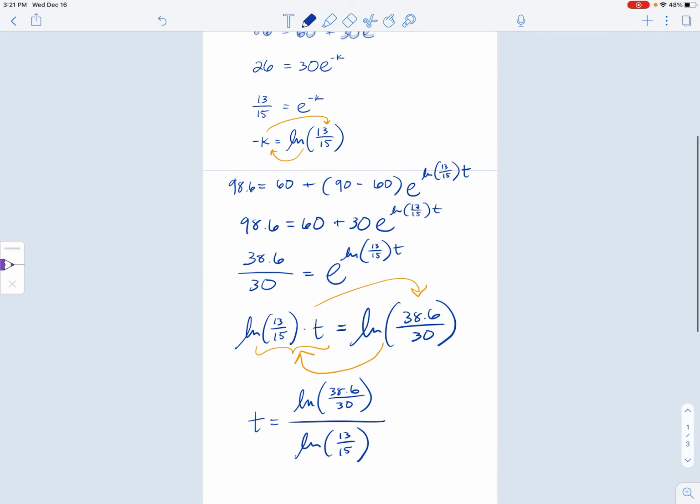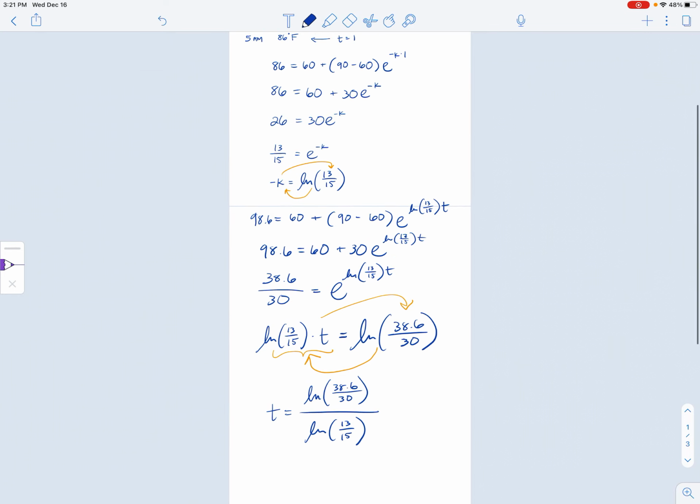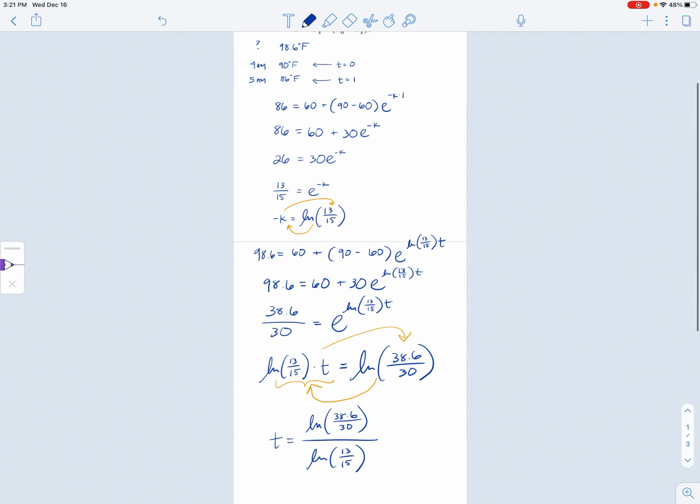We know that t is going to be a negative value because we're treating 4 a.m. as t equals 0, and you know that the body was alive before 4 a.m., since at 4 a.m. and then 5 a.m. the body's temperature keeps decreasing as it's been dead for longer.